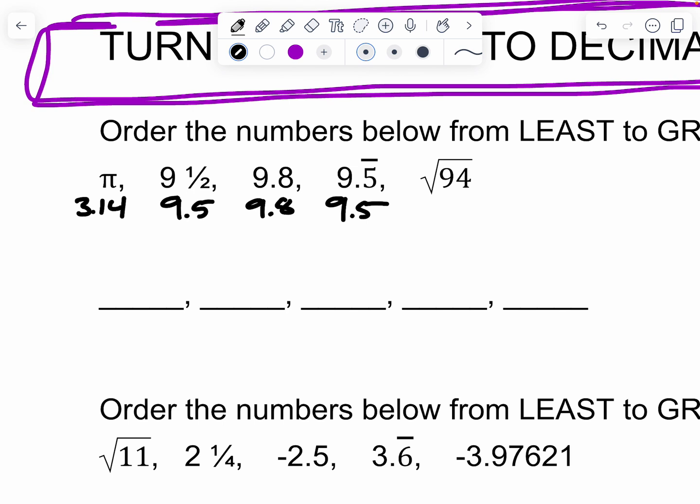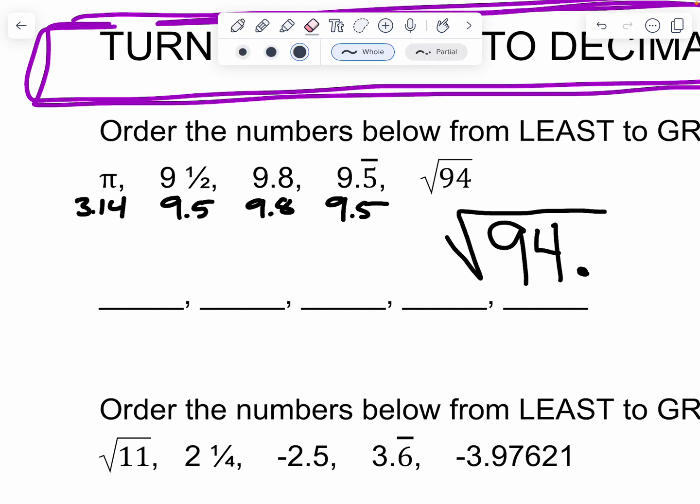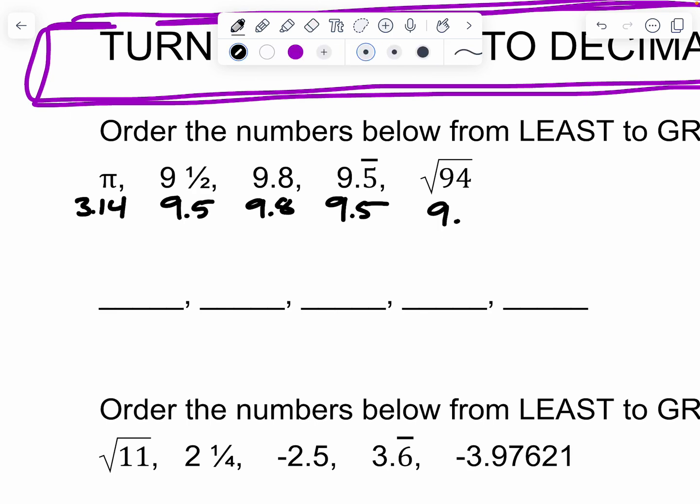So in your calculator, it should look like the square root 94 decimal. Hit enter, and it's going to pop out a decimal for you. You get 9.69. If you're not sure how to do it on your calculator, ask the person next to you if how I explained it didn't make sense, because that will be important.